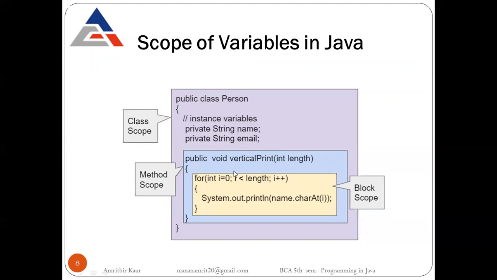So its scope will be the class. For an instance variable, the scope will end at this curly brace. Until control arrives at this curly brace, the instance variable will be alive. The instance variable will not be destroyed until this curly brace comes.